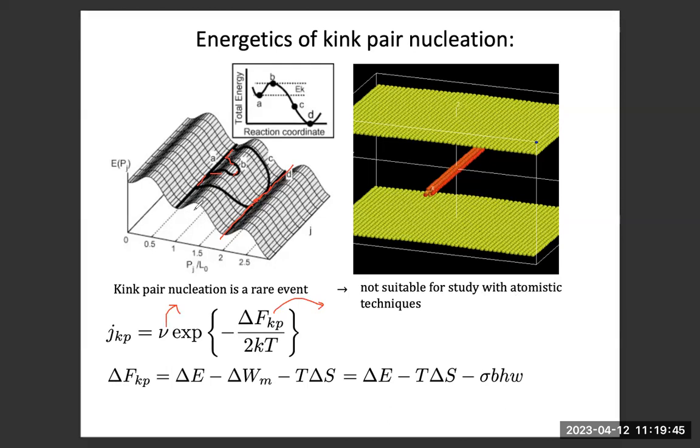So the energy barrier it needs to overcome is this energy. And just the velocity. Basically, it is just delta E minus temperature times the entropy.